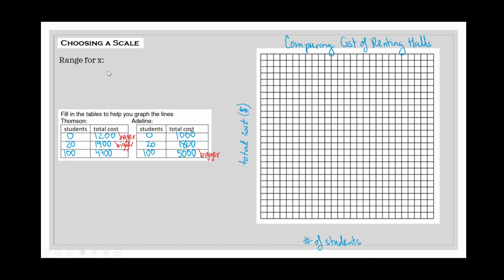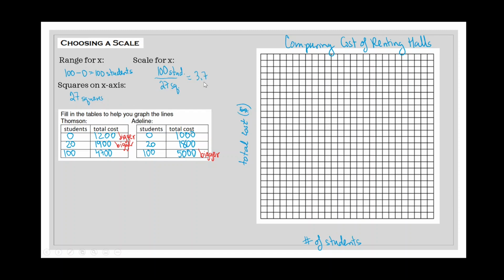Let's now look at the range of numbers for x. The smallest number is at 0 and the biggest is 100. So the range is 100 students. The number of squares on the x-axis, as we know, is 27 if you were to count. For the scale of x, you can just divide the bigger number by the smaller and get roughly 3.7.